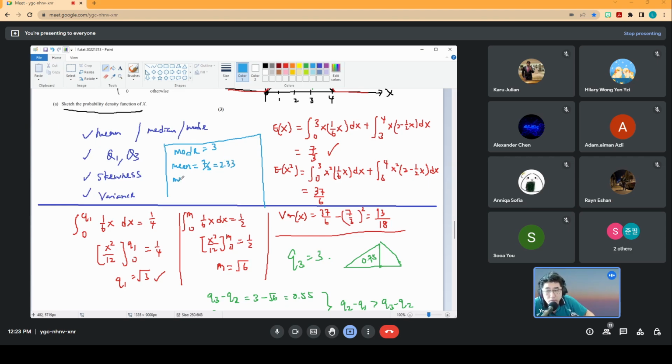Then I have median equals square root 6, which is 2.45. Then I have the mode equals 3. So how do we make our conclusion? Because mean is less than median, and median is less than mode, therefore it's negatively skewed.